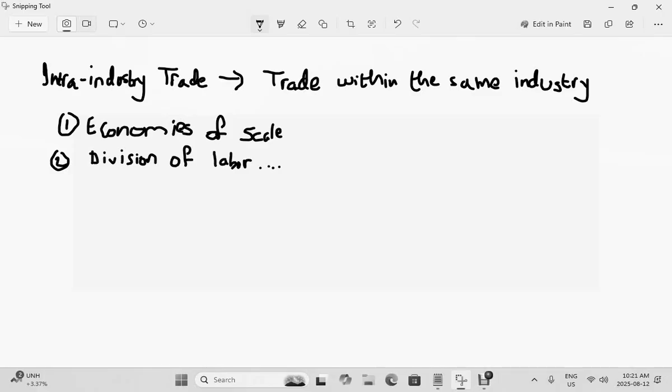All right, now to understand economies of scale, we've talked about economies of scale back in the past, but to understand economies of scale within this context, we'll need to understand division of labor. And this division of labor has to do with a division of labor in different countries, for example. So this is division of labor in different countries.